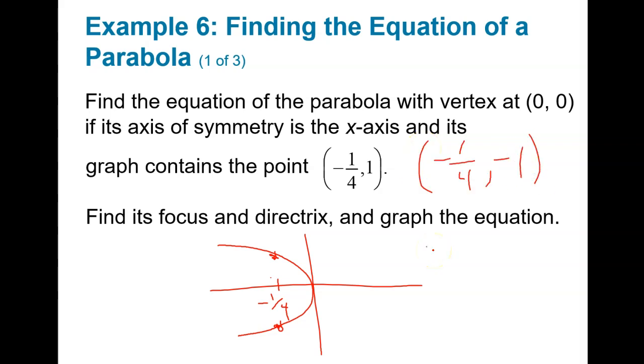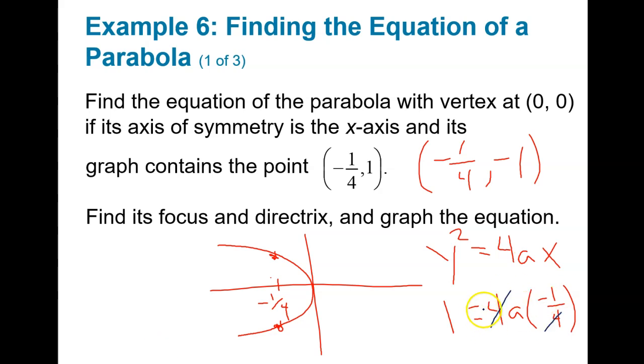All right, so we know that y is what's squared, and it's equal to 4ax. We also know that if we square the y-coordinate, 1 squared or -1 squared is 1, is equal to 4a, and then -1/4 is on there, -1/4. So you can see the 4 and the -1/4 will cancel, and that leaves me with a times -1 equals +1, which means a is -1.